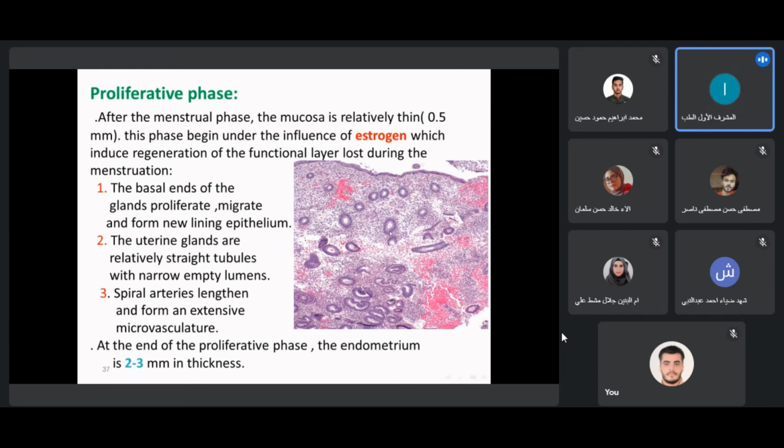During this period, the newly formed uterine glands are relatively straight, and they have empty lumens. There are no secretions. They are small and straight glands. Also, the spiral arteries will lengthen and form an extensive microvasculature. At the end of this proliferative phase, the endometrium thickness is about 2 to 3 millimeters.